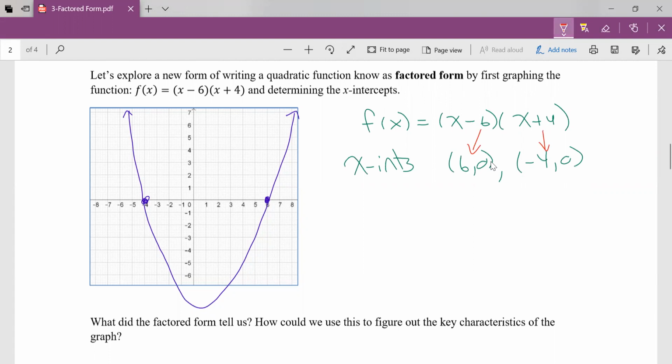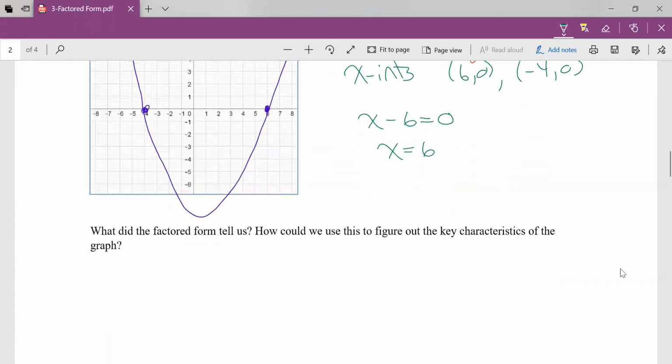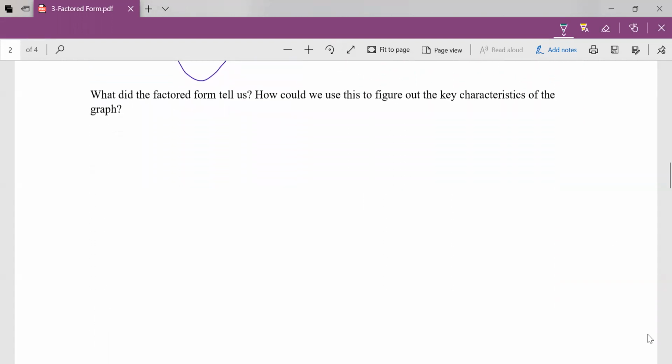The reason why the signs are different, this will always be the case, we're going to talk about more in the next unit of quadratics, but when we go to solve, if I said x minus 6 is equal to 0, when I go to solve, I get x is equal to 6. So what does factored form tell us? Factored form gives us the x-intercepts. That's the most important part of this whole thing: factored form gives us the x-intercepts.